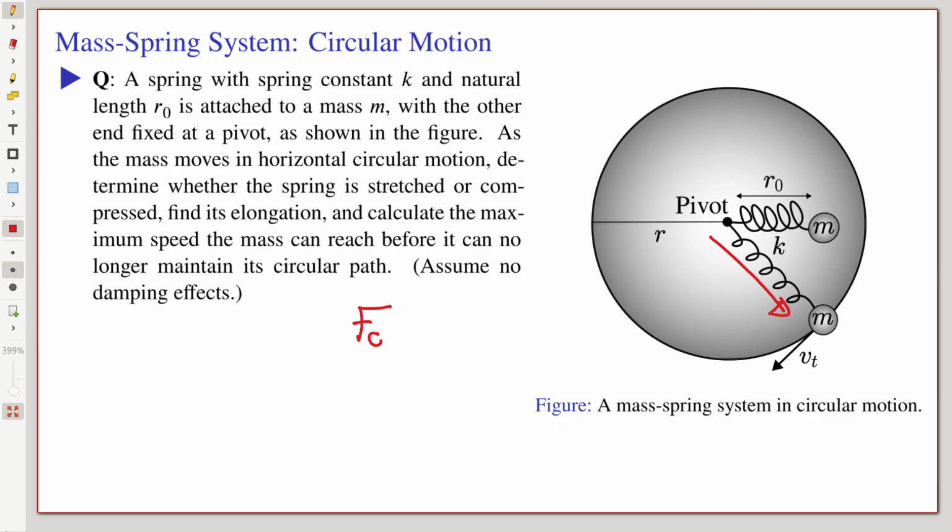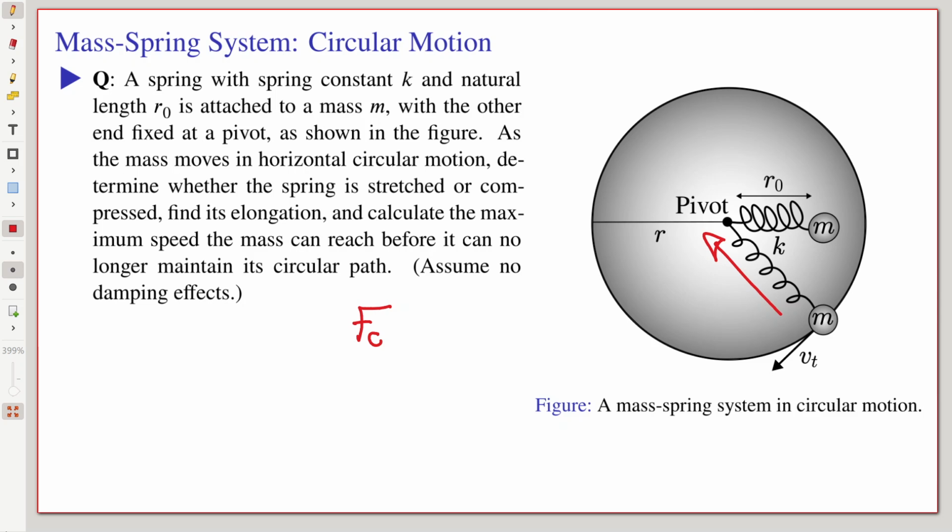In this case, it takes the form of spring force. Thus, the spring force must provide the centripetal force in that particular circular motion. But how? The only way to let that happen is when the spring gets stretched, because when the spring gets stretched, it tries to pull back the mass toward the center by means of a force. In this case, it is the spring force.